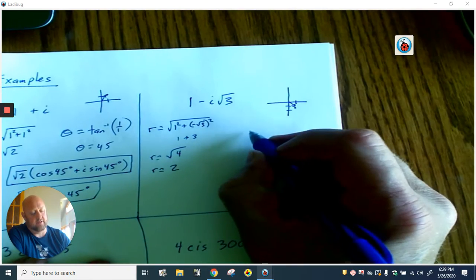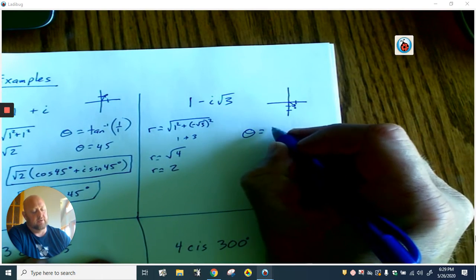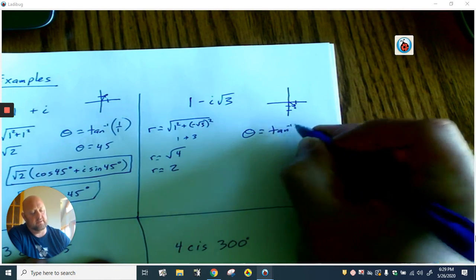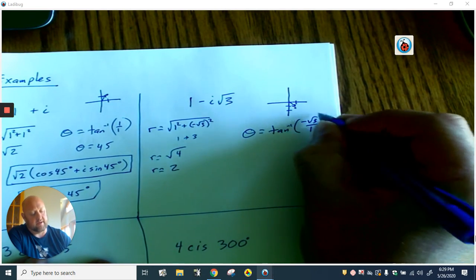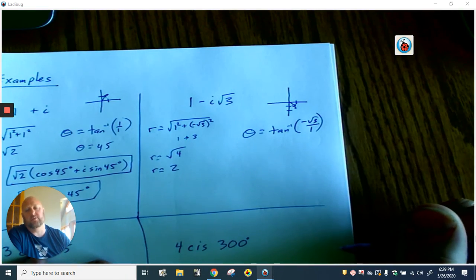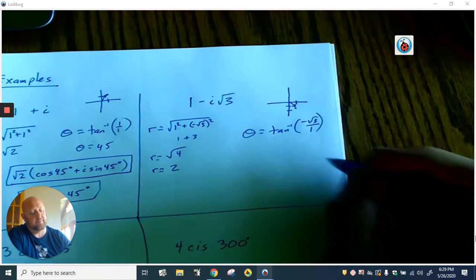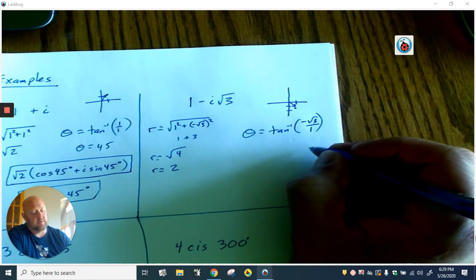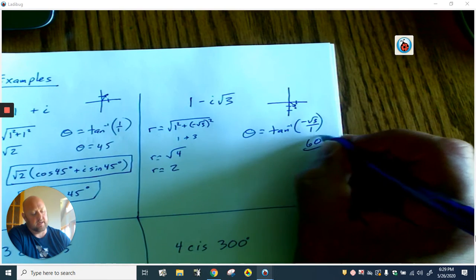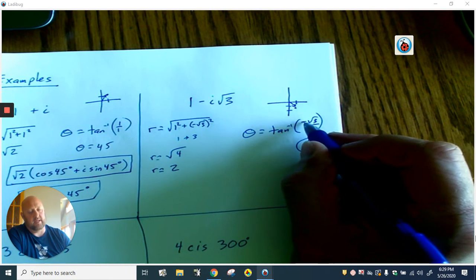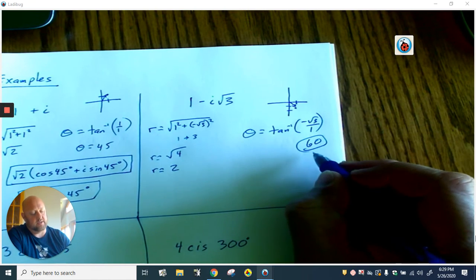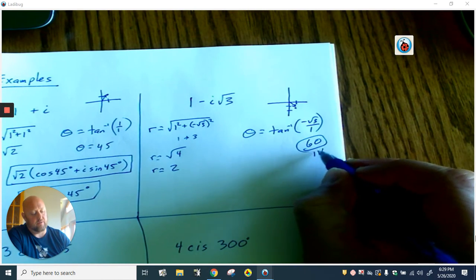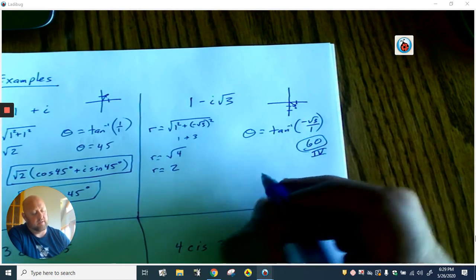And then again, we go to find the angle, and we do the inverse tangent of the b value over the a value. So when does tangent equal the square root of 3? Well, we know from our table, tangent equals the square root of 3 at a 60-degree angle, but tangent is negative in the second and the fourth quadrant. We know we want to be in the fourth quadrant, so we need a 60-degree reference angle in the fourth quadrant, which would be 300.